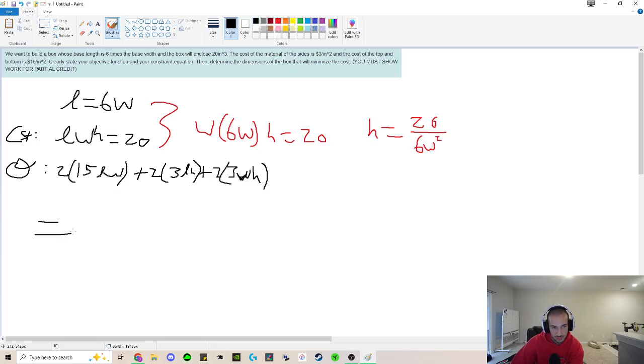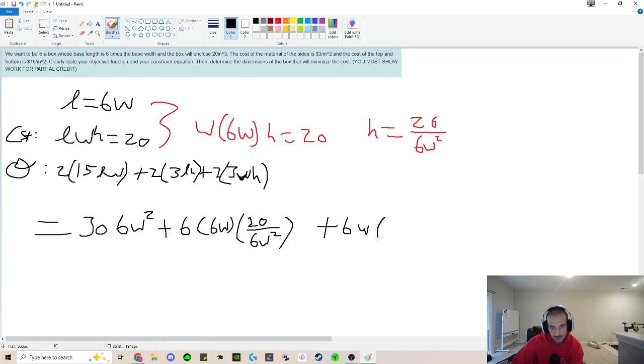So this is going to equal 30 length times width plus 6 length times height plus 6 width times height, right?